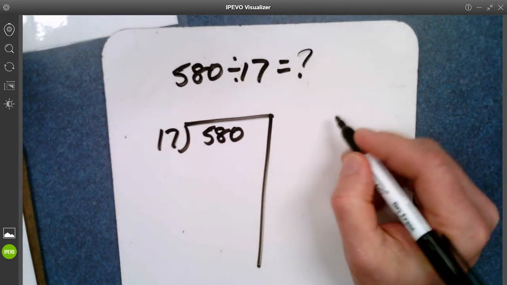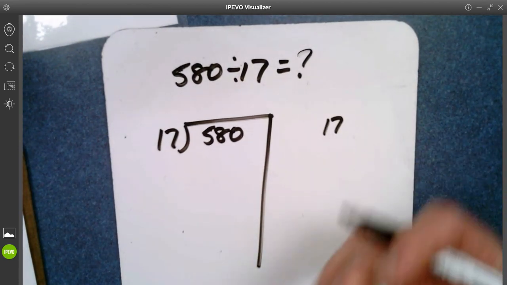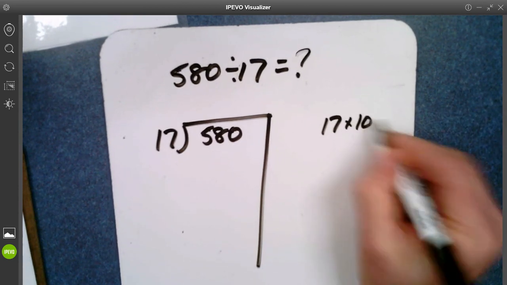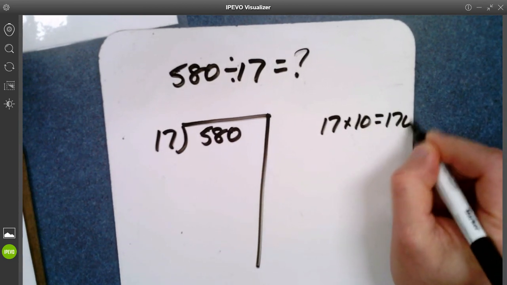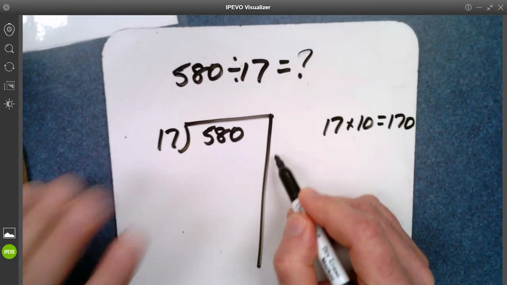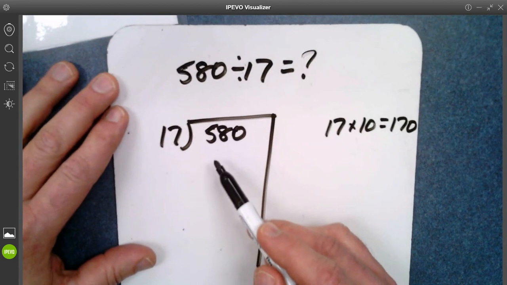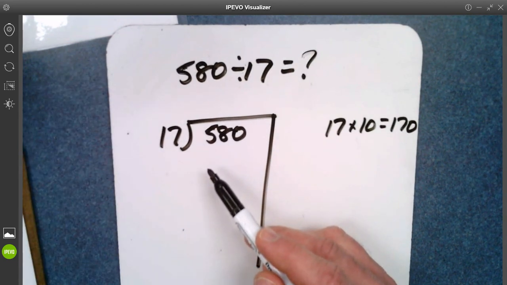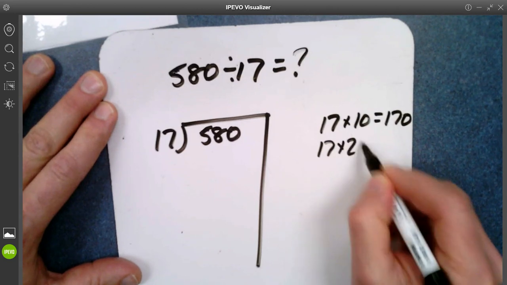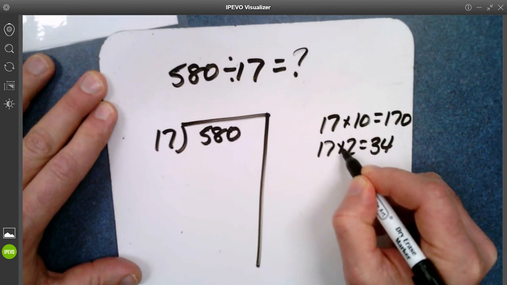Now, what we learned is that we can use numbers that are easy for us to multiply. So I know that 17 times 10 is equal to 170. So I could absolutely start with 10. However, 170 is still kind of far from 580. So I know that 17 times 2 is 34. That I can do in my head.